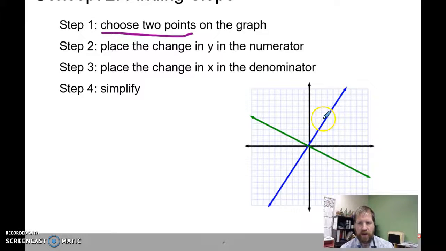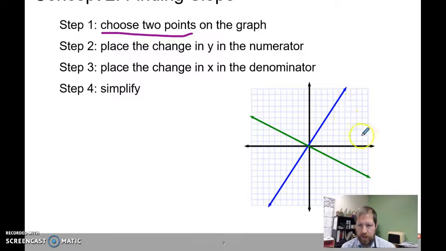It'll cross maybe at a decimal or a fraction of a unit. We want to make sure we're choosing points that line up exactly. Sometimes this can be challenging, and you've really just got to look at your graph closely and make sure you're picking the ones that cross over the vertex exactly.